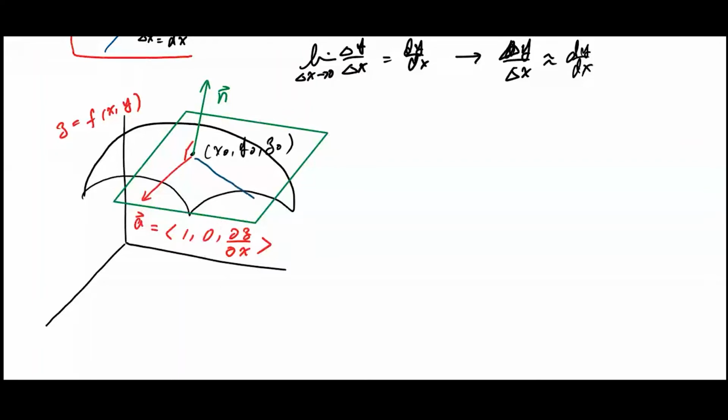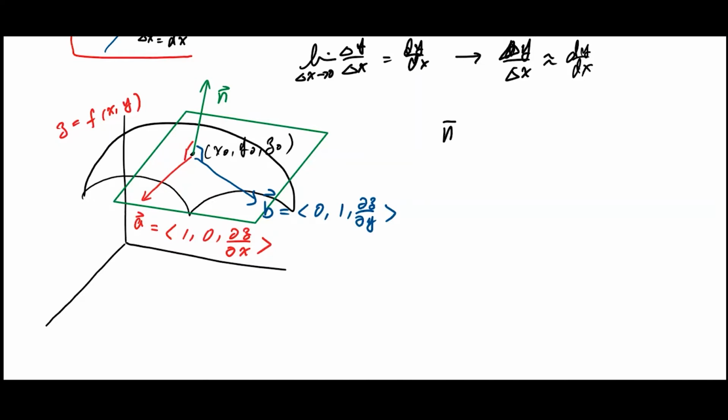Say it's going that way, and we'll call that vector B. And that vector B, likewise, will have 0 and 1 in the x and y directions and partial z, partial y, wouldn't it? And that's also tangent. You with me? Say yes.